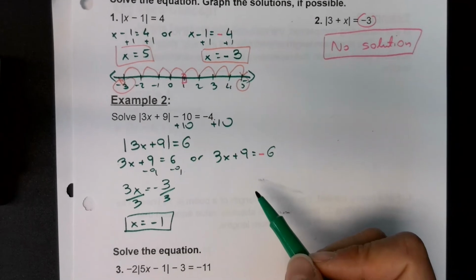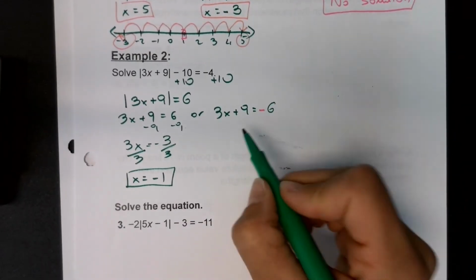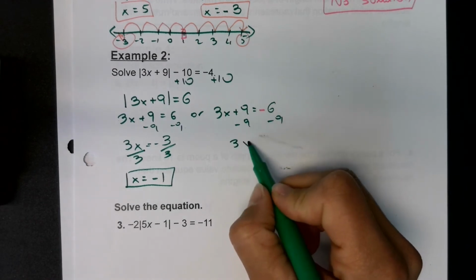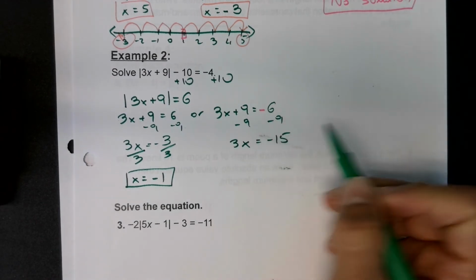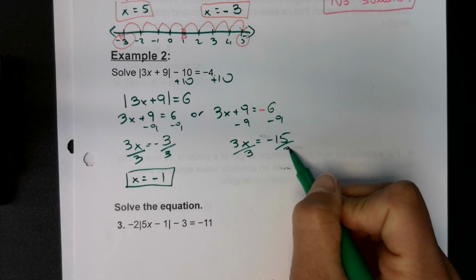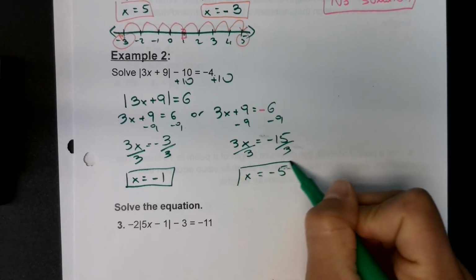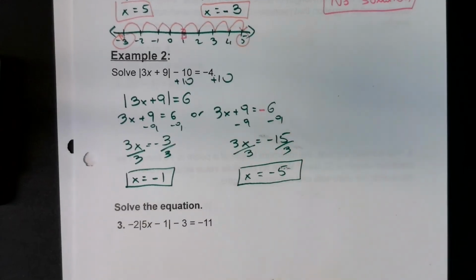And then for the second equation, minus 9, minus 9, so you have 3x equals negative 15, divide by 3, and x equals negative 5. Both solutions.